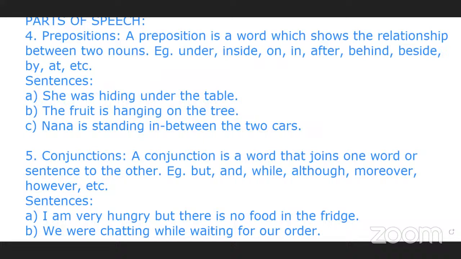Then it was conjunctions that we said join words or sentences to the other. A conjunction can join one word to another word. It can join one sentence to another sentence. And examples we gave were but, and, while, although, moreover, however. They join sentences or phrases or words together.